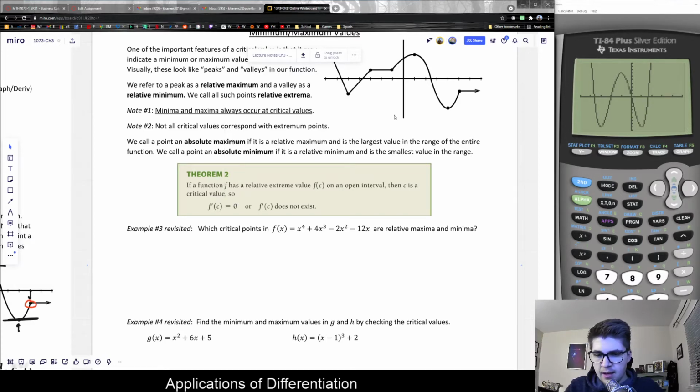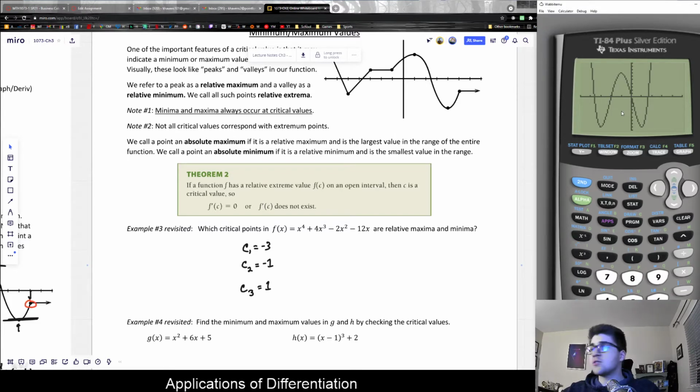Okay. But basically this function, as we determined before, had 3 critical values. I'll just write C1, C2 and C3 so I can specify which is which. And looking at the graph, which we also graphed in a previous video, we could see that when x is -3, we get a local minimum value.